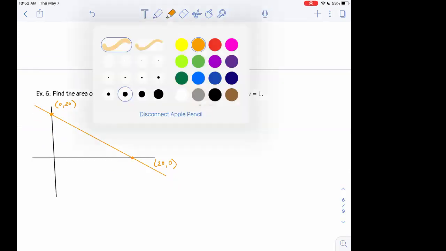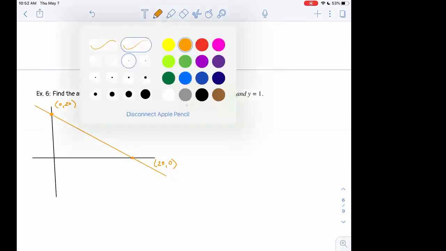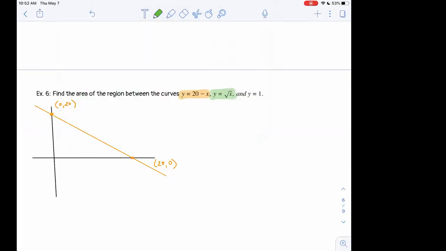All right. Now let's take a look at this green curve, y equals the square root of x. That is an important shape to know as well. The square root of x starts at the origin and looks something like this.